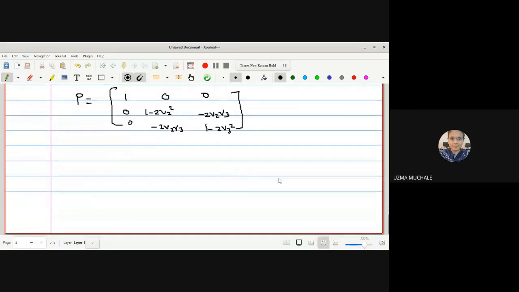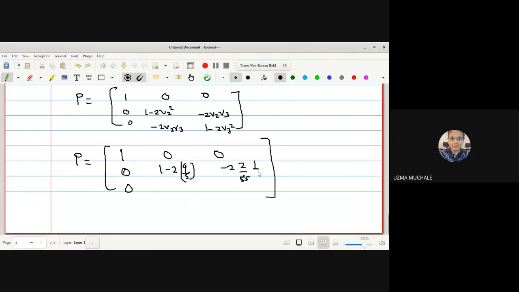Now let us put in the values of V2 and V3. This is 1 0 0. Then 1 minus 2 times V2 square, the value of V2 square is 4 upon 5, minus 2 times V2 into V3, that is 2 by root 5 into 1 upon root 5.